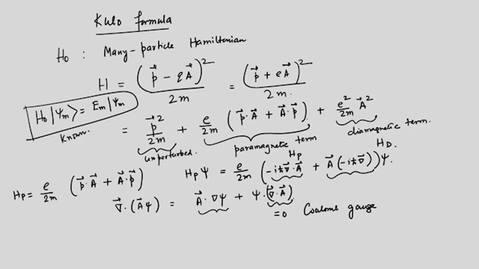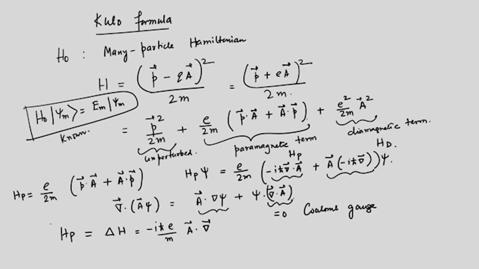This paramagnetic term, let me call it delta H or H prime, whatever you want to call it. It is that extra term whose effect needs to be considered, and this is equal to e over i h-bar, so this is minus i h-bar e over m and A dot del.